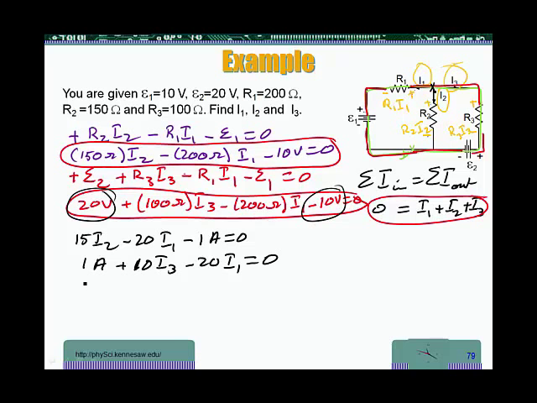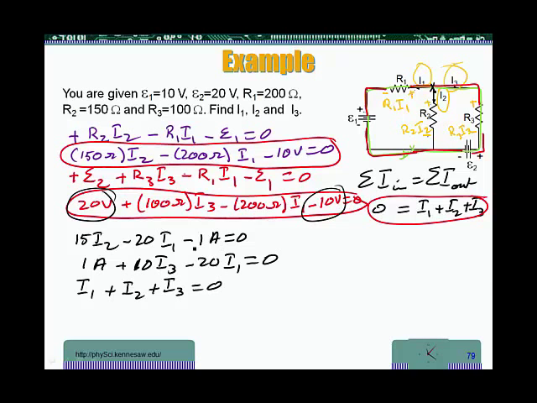And the last equation is I1 plus I2 plus I3 is equal to 0. Okay, again, they look like simple equations.